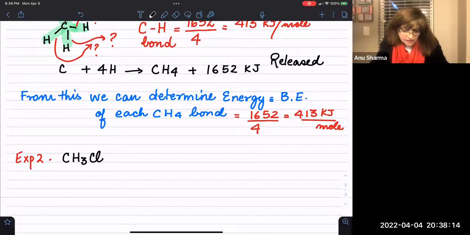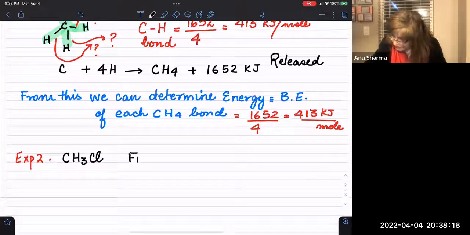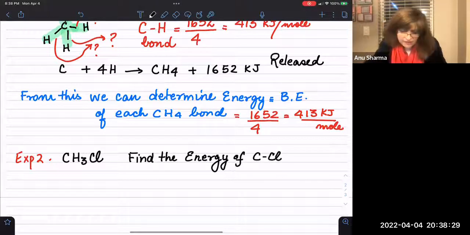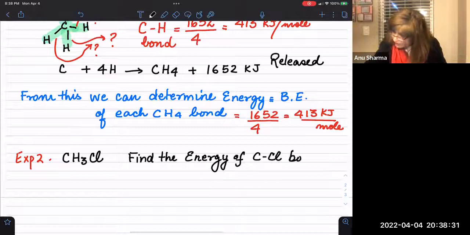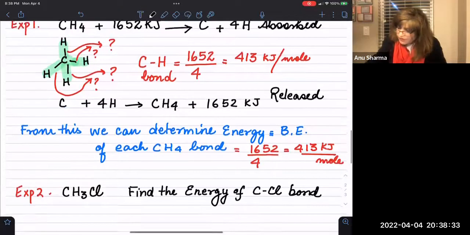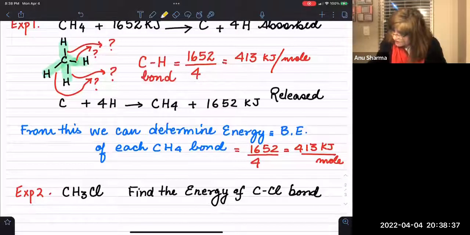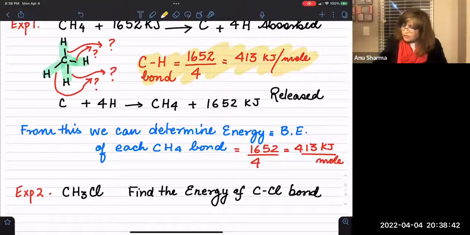And using this, find the energy of the carbon and chlorine bond. So we know the CH bond energy from here, 413 kilojoules per mole. Then find for CCl. Then how do you do this?